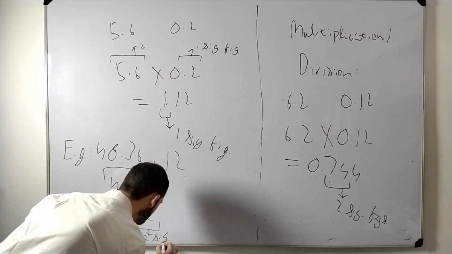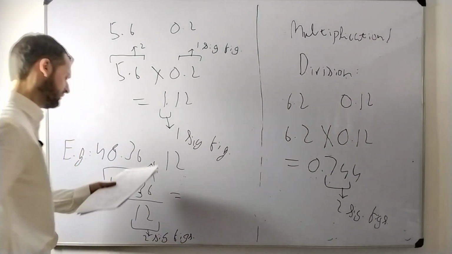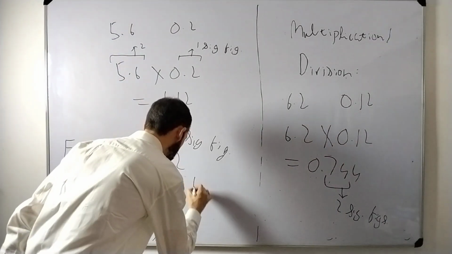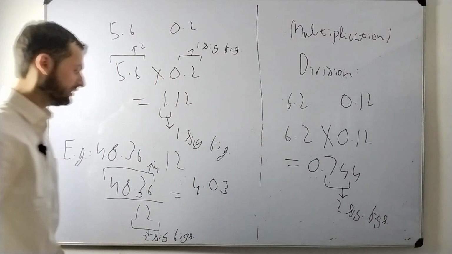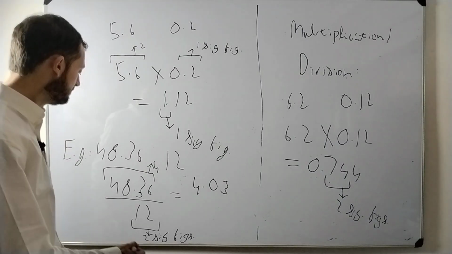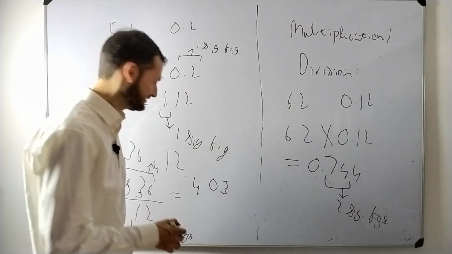This makes what is, students? Sir, 4.03 after division. Yes, very good, very nice. You divided very well. What about the significant figures? So 4.0.